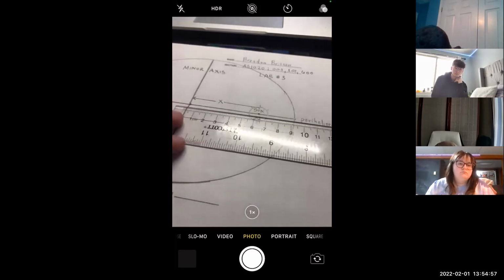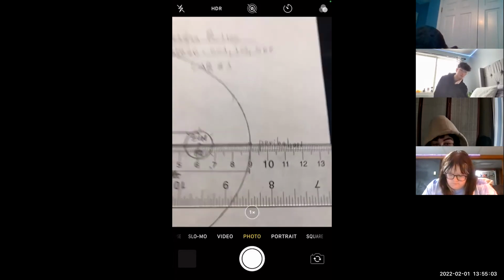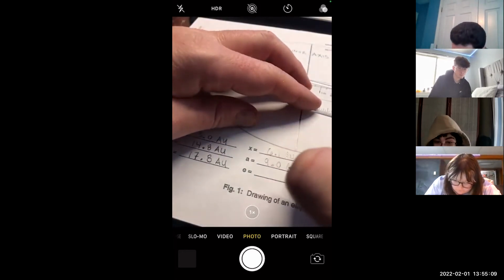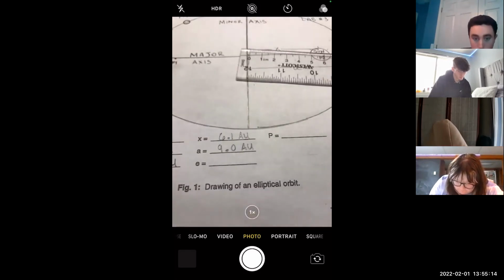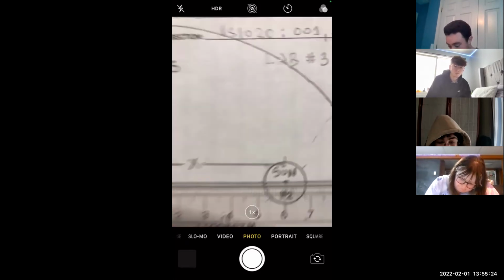For my A, center to perihelion, I get 9.0. Please ask questions if you're getting confused here. For me, this is pretty straightforward because I'm familiar with ellipses. I hope it is for you guys.